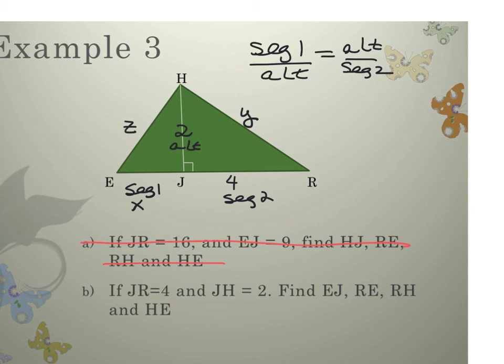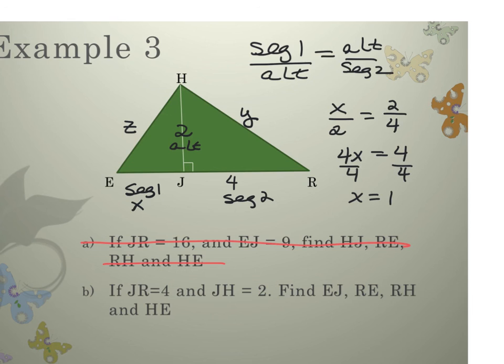All right, so I need to find the value of segment 1, which is EJ. So I'm going to be doing X over the altitude, which is 2, altitude over segment 2. I now need to cross multiply and divide. So 4 times X, 2 times 2, divide by 4, X equals 1.